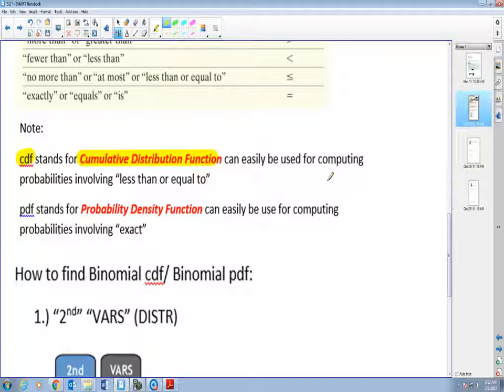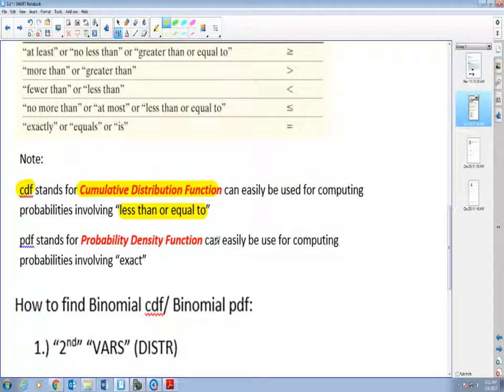It can easily be used for computing probabilities involving less than or equal to. Less than or equal to, use the CDF. PDF means probability density function. This can only be used for the word exactly. So if the problem does not say exactly, you have to use CDF.